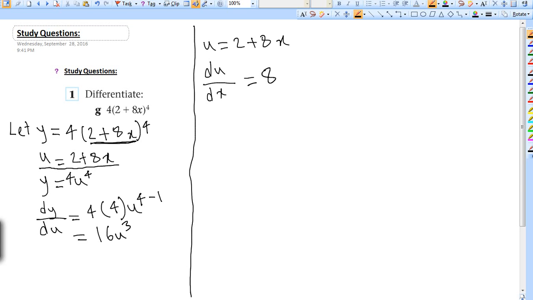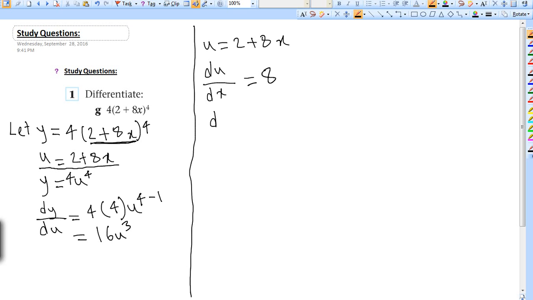As you all know, if we differentiate 2, a constant, it comes as 0, and differentiating 8x gives us 8. So the ultimate answer of du by dx is equal to 8. Now we're gonna apply the chain rule.